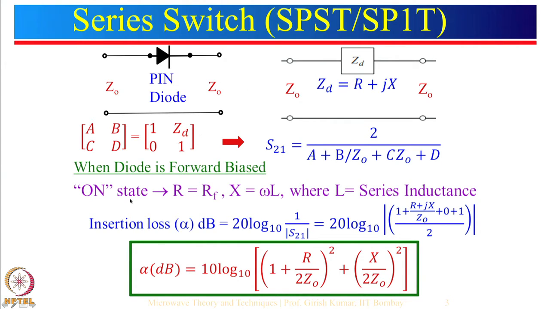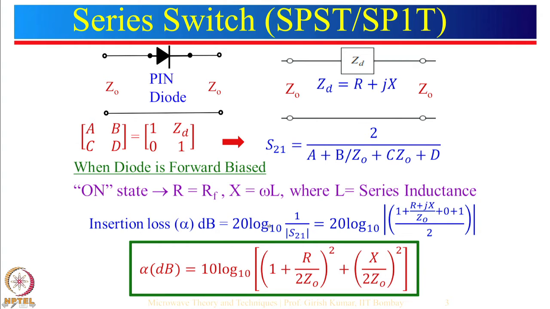In the on state, R is equal to RF and X is equal to omega L, where L is the series inductance. So now we can find out the insertion loss. Insertion loss is defined as 20 log 1 divided by S21. I just want to mention that S21 in general will be negative in dB. Suppose we give 1 here, the output will always be less than 1.